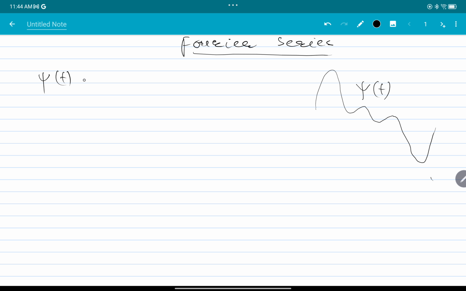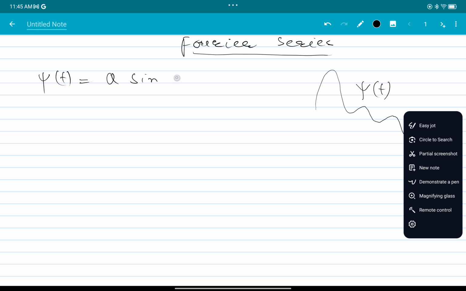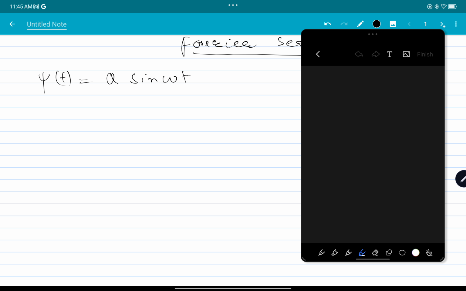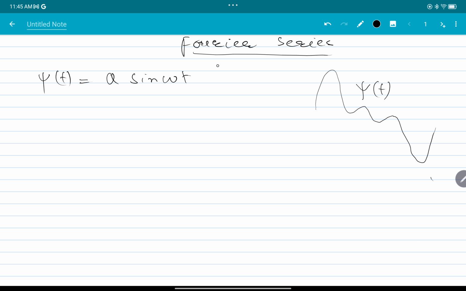Now psi t is equal to, that is, this function is composed of two functions: a sine omega t plus a sine 2 omega t.